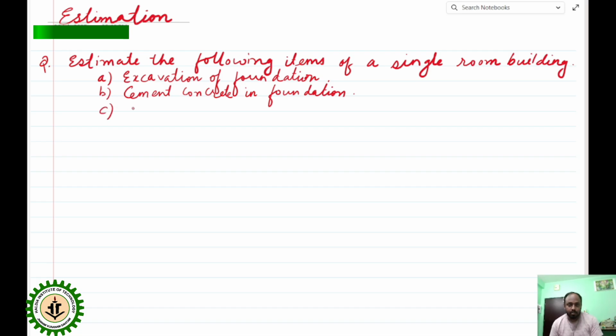Third is brickwork in foundation plane. C C 2.5 centimeter.